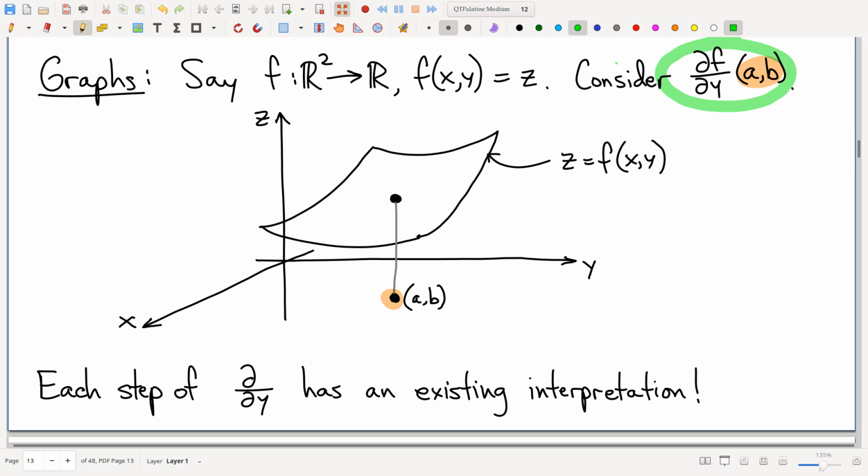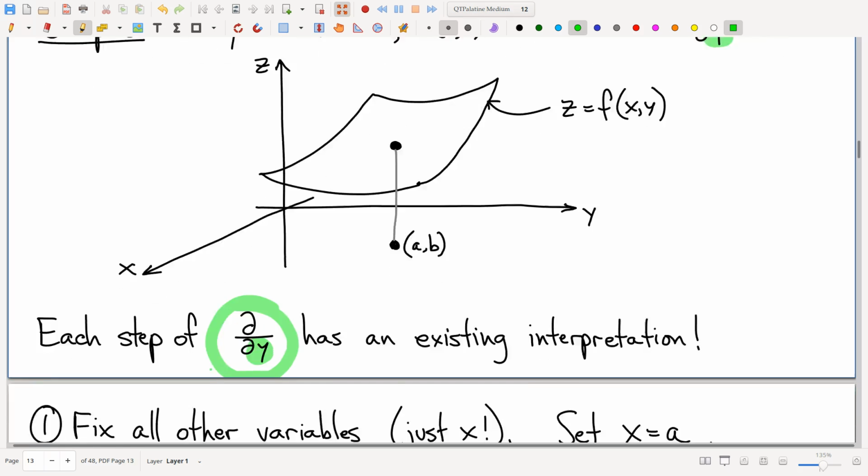How do I geometrically interpret this partial derivative at this point a comma b? Okay, so the way we're going to answer this question is to think about how y partials are defined. It's defined in a two-step process. Both of those steps have natural, easy geometric interpretations, and here we go.